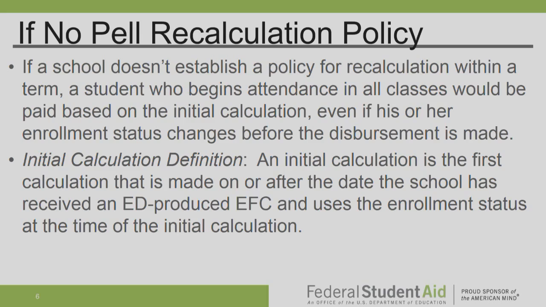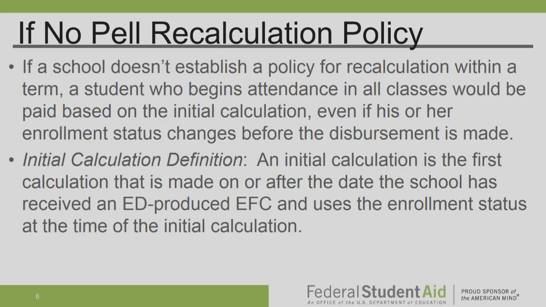Well, if you go into your FSA Handbook, Volume 3, for the chapter that talks about Pell, we give you this very lengthy definition of what we mean by an initial calculation. We give you the definition, but honestly, it wouldn't fit on the slide. So for your benefit I've created a much shorter, in a nutshell, definition. Let me read it out loud, and let's see it in action in the next few slides.